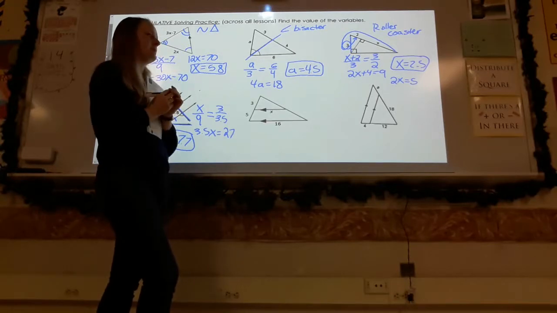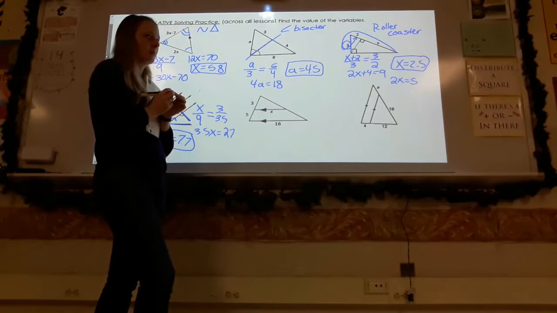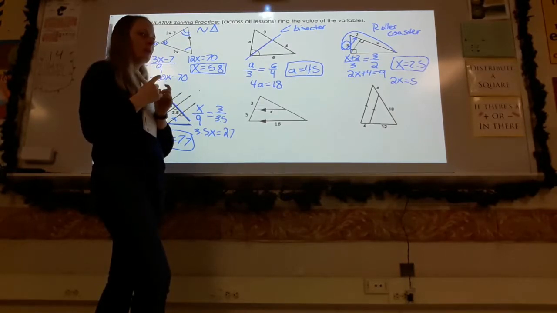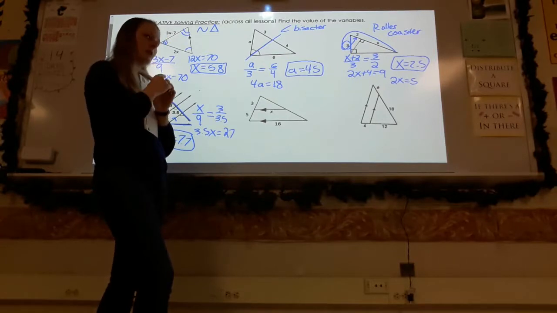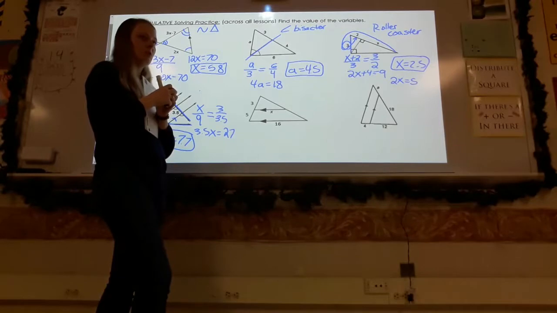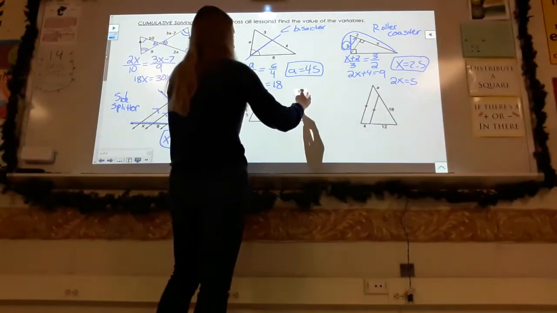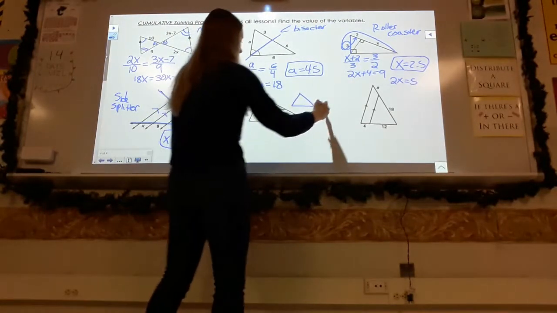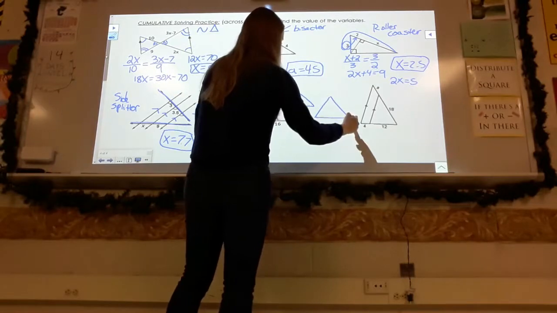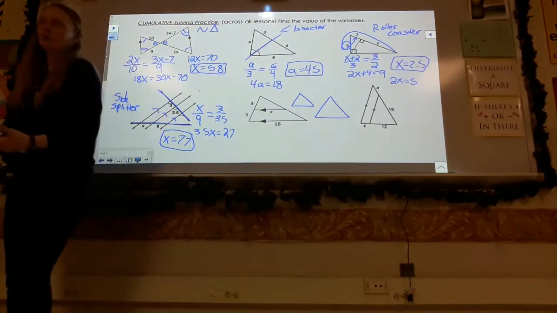What do we do with these particular kinds of diagrams? Remember I called them something. Do you remember what I called them? This is a nested diagram. When you have one triangle inside of another, a teeny little one inside of a bigger one, what do we do to make it easier to see? We redraw them so that there's two. So we're going to draw them separately. So we have the smaller one here, and then we have the bigger one here. And then we're going to label the sides so we can see it a little bit easier.